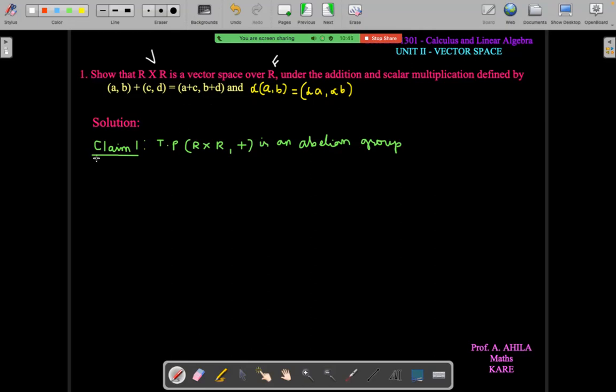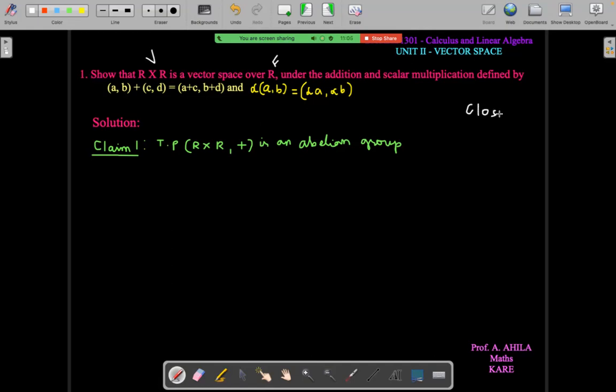Okay, so now as per claim 1, we need to prove R cross R, plus is an abelian group. So with respect to this addition, we need to prove R cross R is an abelian group. Abelian group means we need to prove 5 conditions.